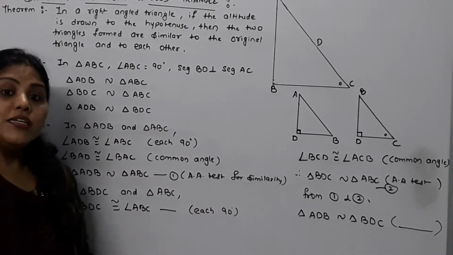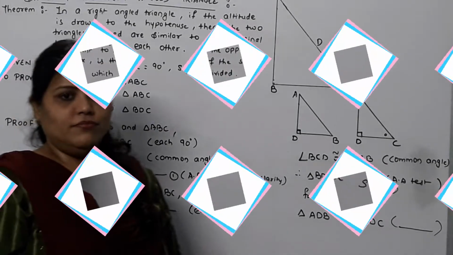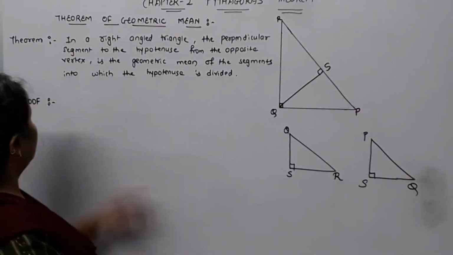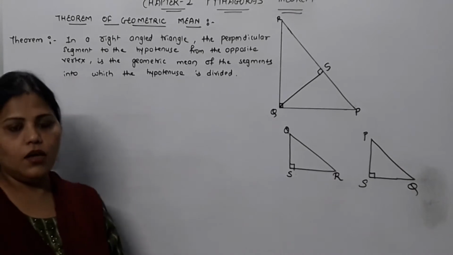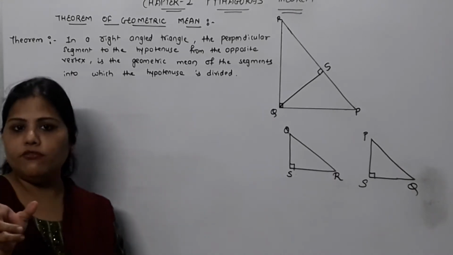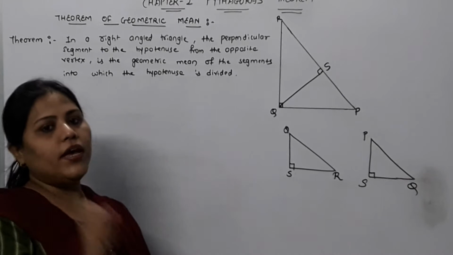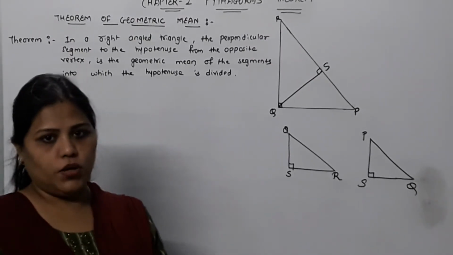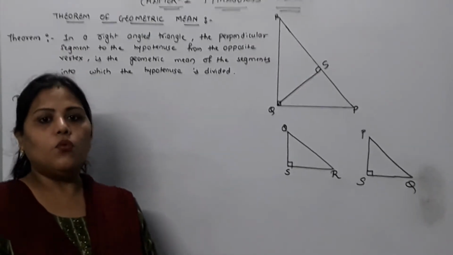Now we'll see the second theorem of this chapter. Now see the next theorem, that is theorem of geometric mean. Now by the word geometric mean you are quite familiar, as this we have learnt last year in Maths 1 in ratio and proportion. Now what does that mean?